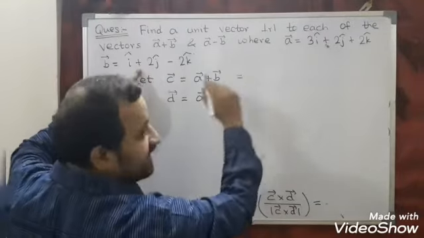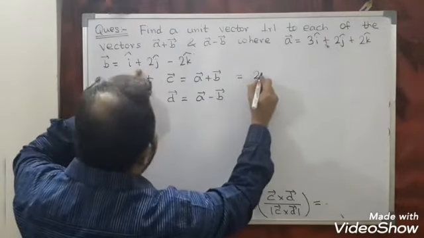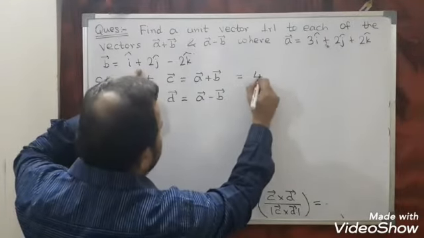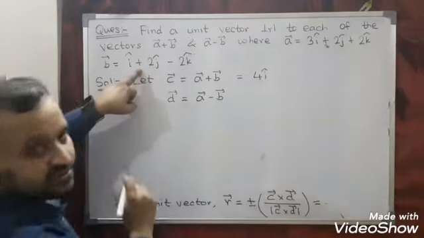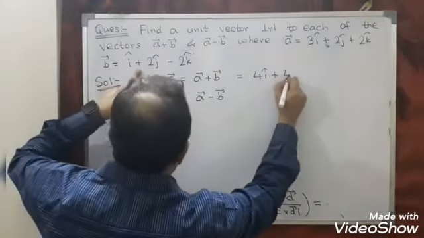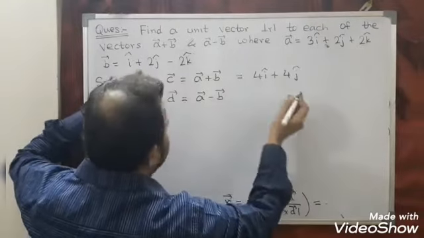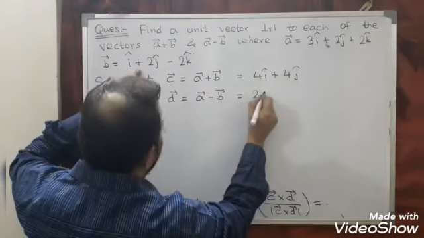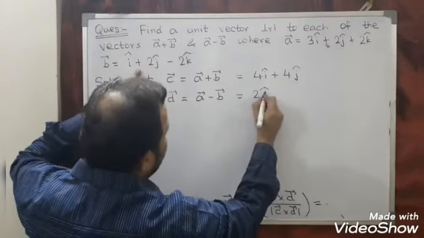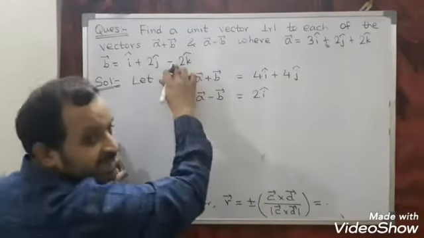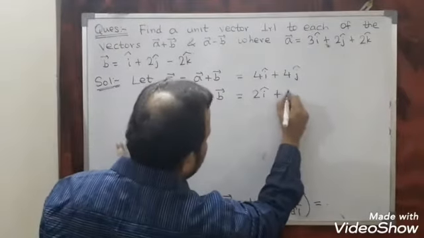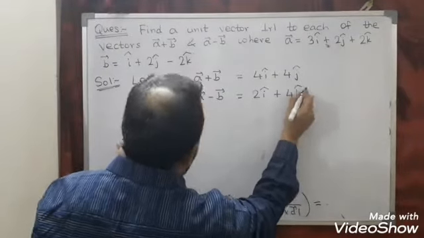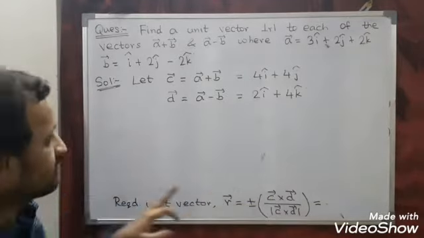Add 3i plus i, it is 4i. 2j plus 2j, it is 4j, and 2k minus 2k, it is 0. A minus B, subtract. So here you will get 2i, 2j will get cancelled, 2k minus of minus 2k, so you will get 4k.